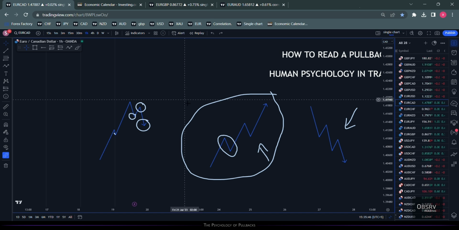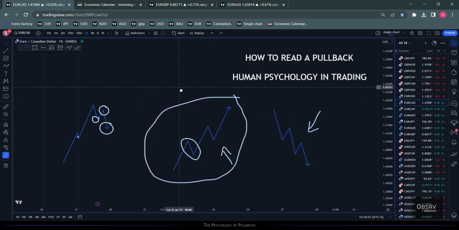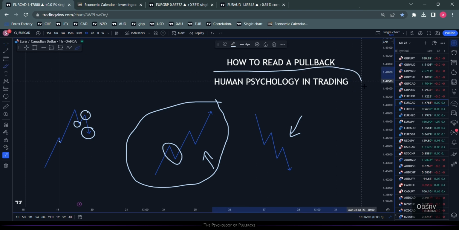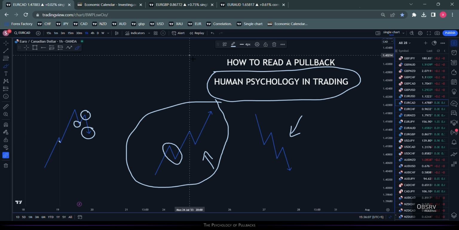Again, when you're looking to trade an uptrend, the pullback on your lower time frame is going to be a downtrend. Keep that in your mind. And then let's talk simultaneously about this piece here. How does this incorporate in the pullback?